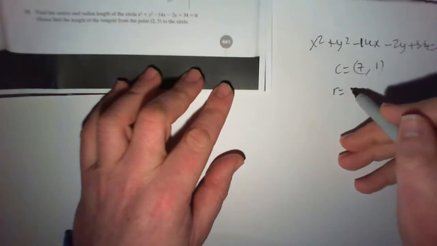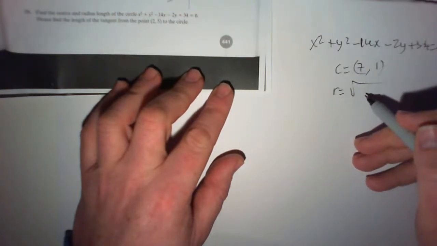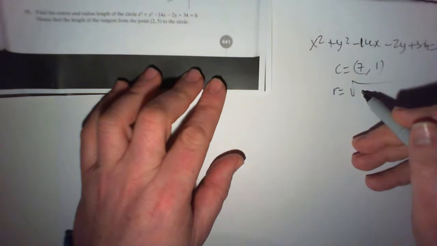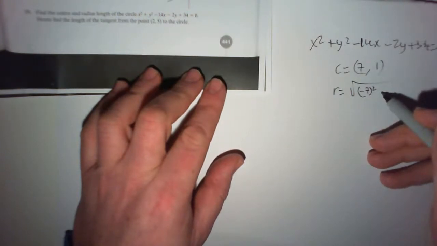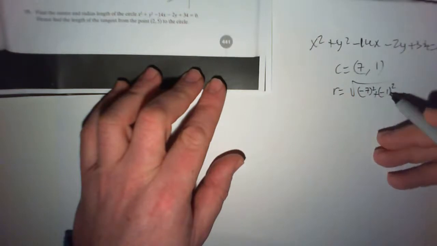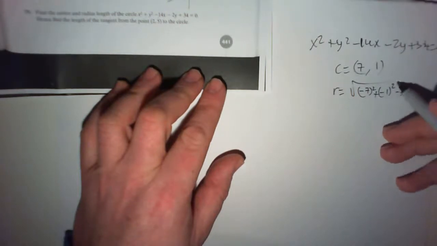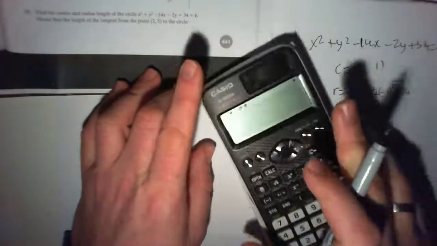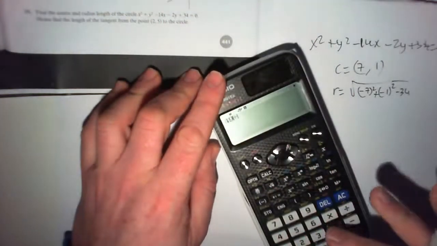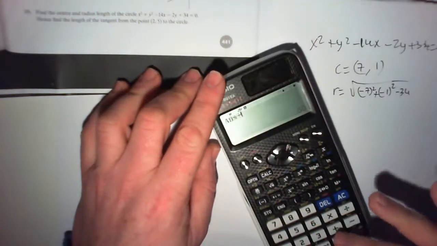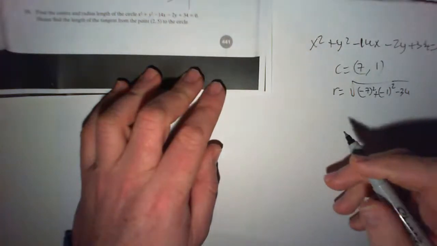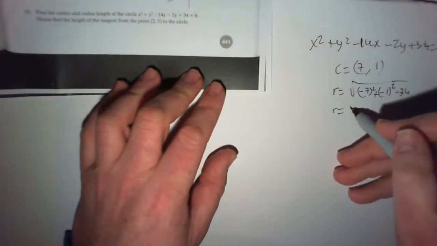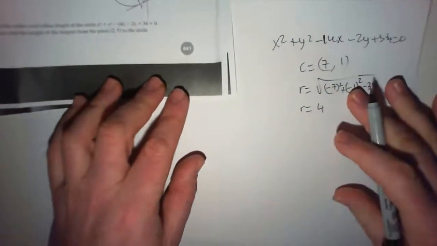And the radius is going to be the square root of 7 squared plus 1 squared minus 34. I'm going to get a calculator out for this one. That's 49 plus 1 minus 34, that's 16. Okay, so the radius is 4. So we've got some information straight away on this fella.